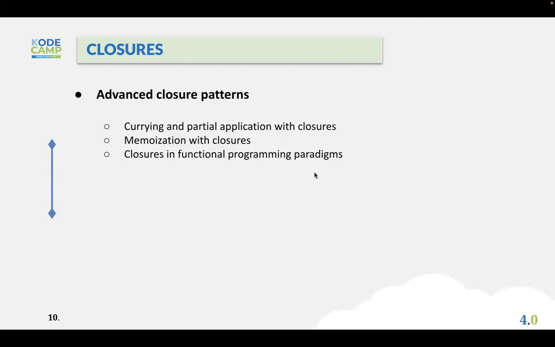But what is memoization in the first place? Memoization is an optimization technique where the results of a function call are cached based on its arguments. You know what a cache is? They are cached based on its arguments. So closures can be used to store and retrieve these cached results, improving performance by avoiding redundant calculations.